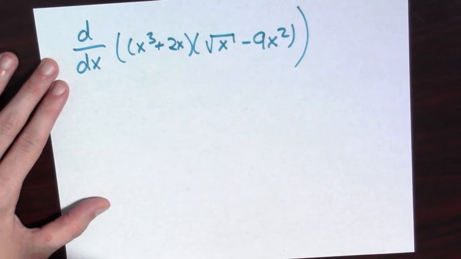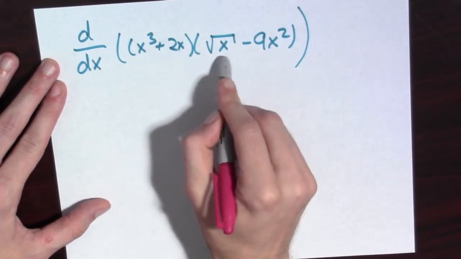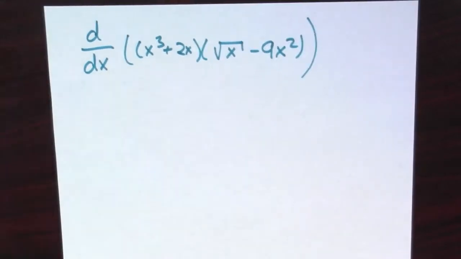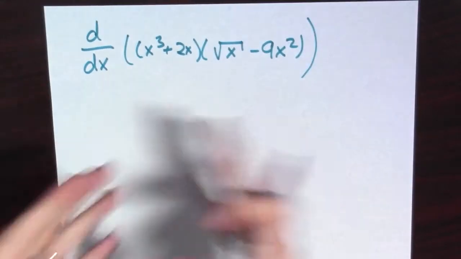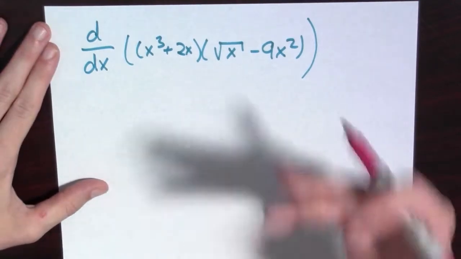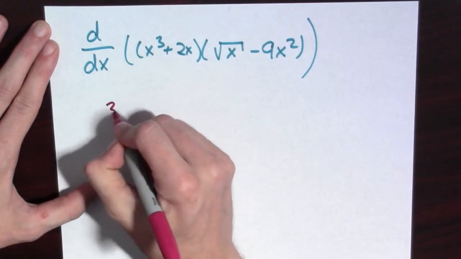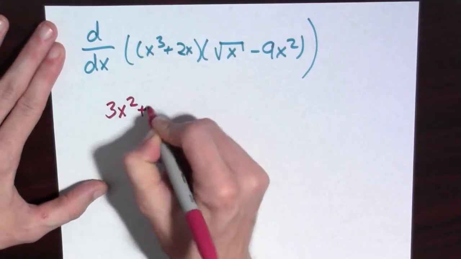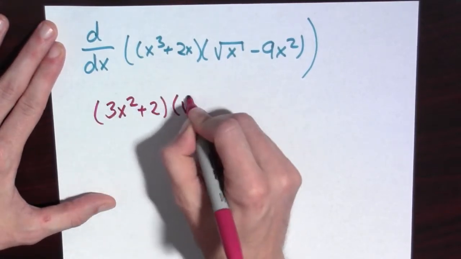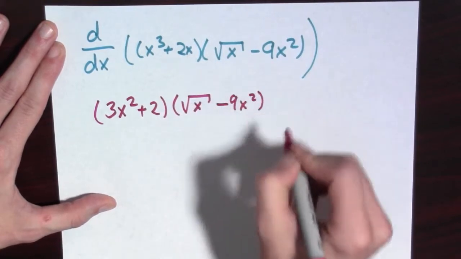Not too bad. Now let's see the second example. I want to take the derivative of x cubed plus 2x all times the square root of x minus 9x squared. I'm going to use the product rule. I could expand this all out and differentiate term by term, but instead I'll use the product rule and take the derivative of this factor first. So I'll have 3x squared plus 2 all times, this one stays the same, square root of x minus 9x squared.